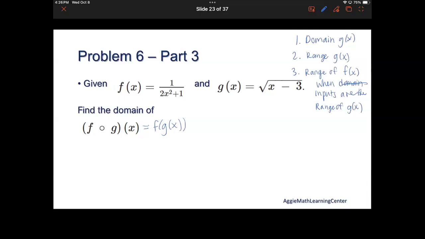Okay, so anybody want to tell me what the domain of g of x is?